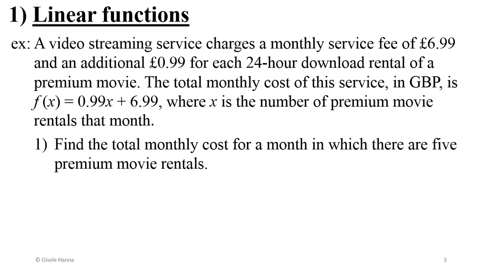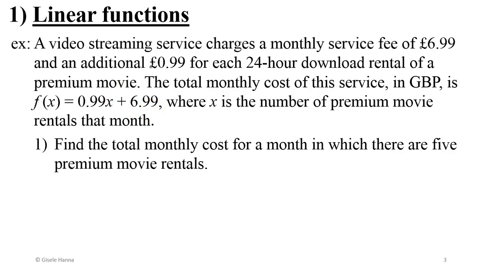However, even if the function was not given, you are able to set up this function by first considering 6.99 as a fixed cost and 0.99 as the cost of each movie rented. So you start by defining x to be the number of movies being rented. So in the equation, 0.99 would be multiplied by x plus the fixed cost, which is 6.99.